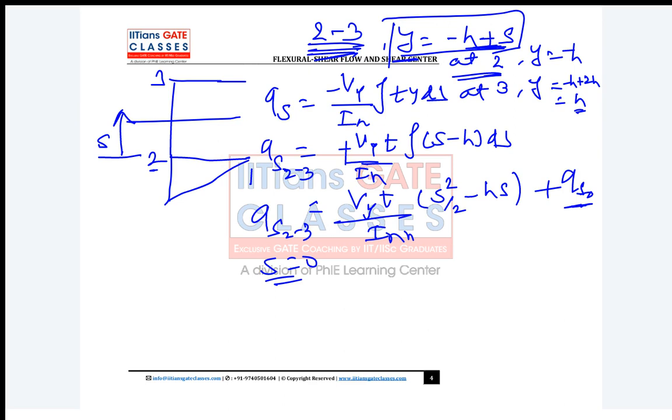Okay, got it. Satish, just a moment, I got your point. It is already s minus h here, so if you take minus, it will be h minus s. Clear? Now it is correct, no?